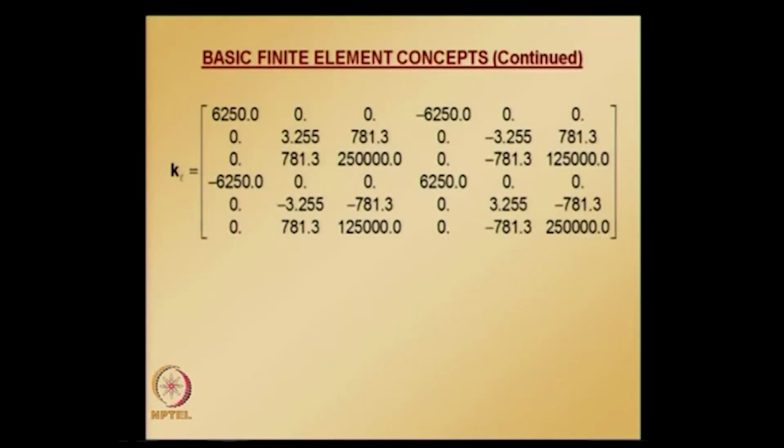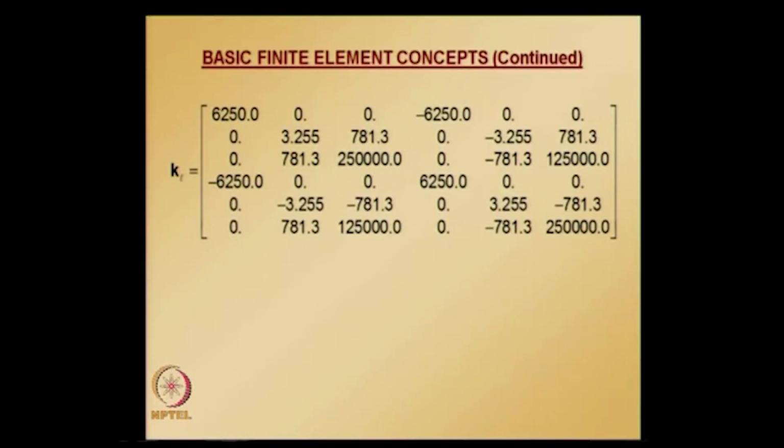Please note that this element is oriented along the direction of the global x axis. So the local x axis and global x axis are in the same direction, and the transformation matrix is going to be the identity matrix. So the stiffness matrix for element 2 in the local coordinate system will be the same as the stiffness matrix for element 2 in the global coordinate system.